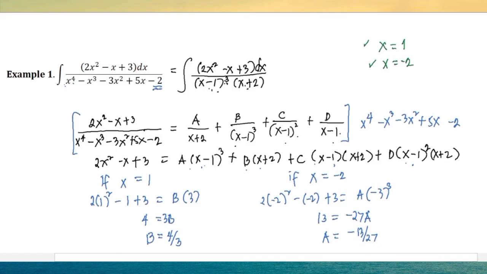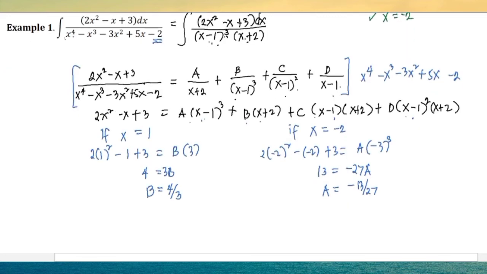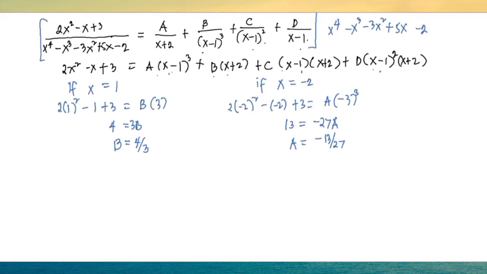So since only two of these values make terms zero, meaning we only solved two constants, the next thing we will do, we don't have any option but to use the coefficients. So before we use the coefficients, we need to expand our equation. For the left side of the equation, we would have 2x squared minus x plus 3.